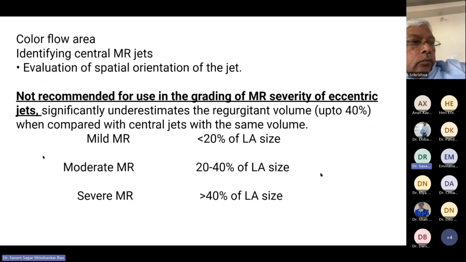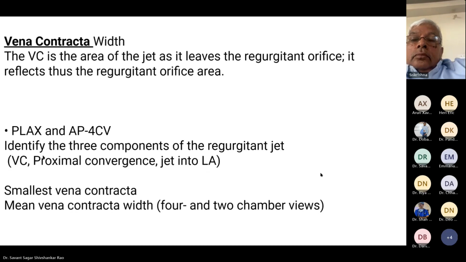All these parameters are only possible through a central jet, not through eccentric jets. If we use these parameters, that is vena contracta and regurgitant fractions, in eccentric jets, it will be underestimating. Mild MR will be less than 20% of LA size, moderate is 20 to 40%, and severe is more than 40% of LA size.